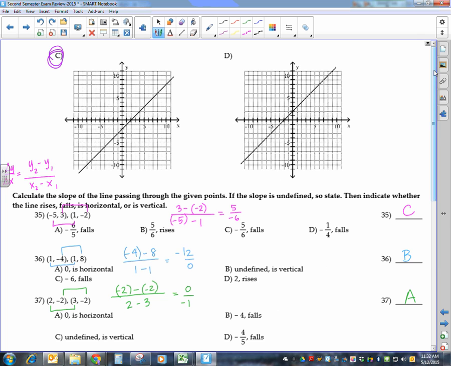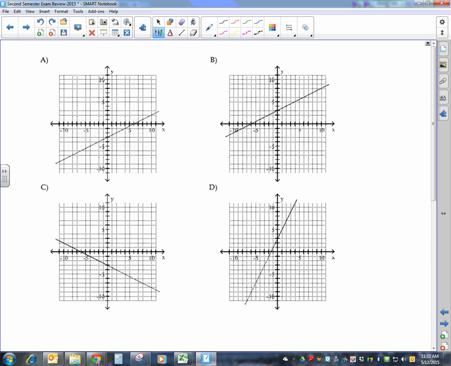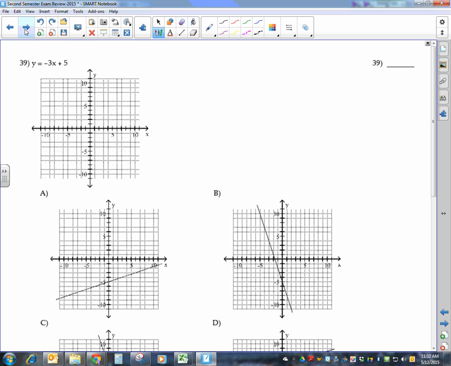So let me go write that down before we finish the last two problems. Okay, 39 says it's on the next page. Same kind of thing. So we're going to start at 5. This means we're going to look for (0, 5) as my y-intercept, and my slope is negative 3 over 1.